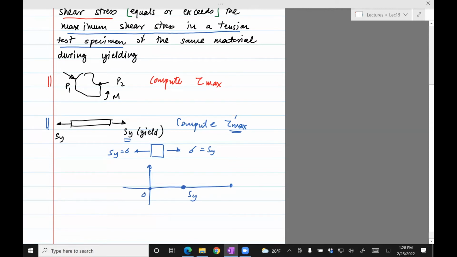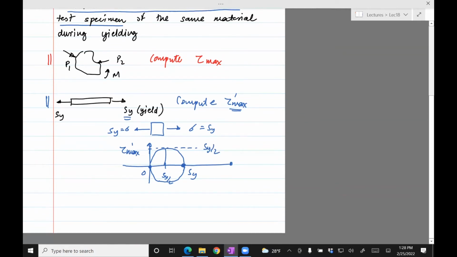These are the two points on the diameter of the circle. Now we need to find the center, which is basically midway, and construct a circle which passes through 0 and Sy. The maximum shear stress is nothing but Sy divided by 2. So tau prime max is equal to Sy divided by 2, just from the Mohr circle. You could also use transformation.